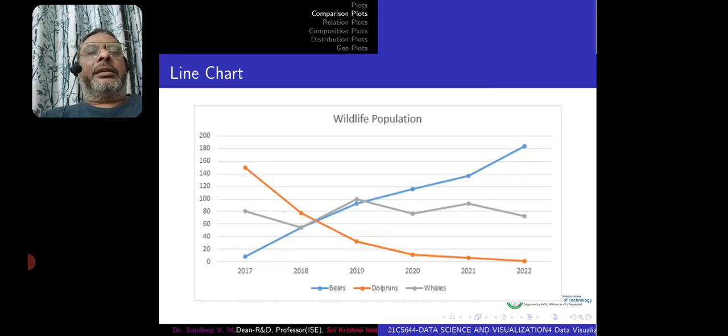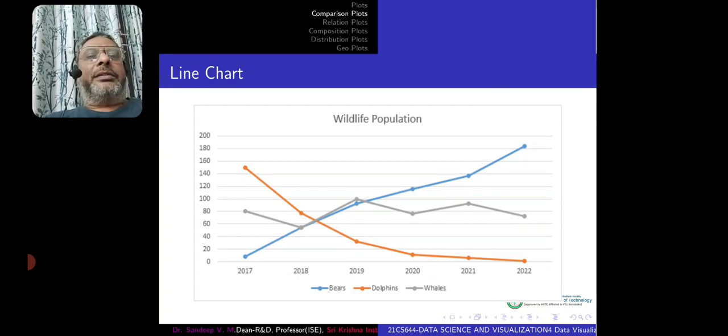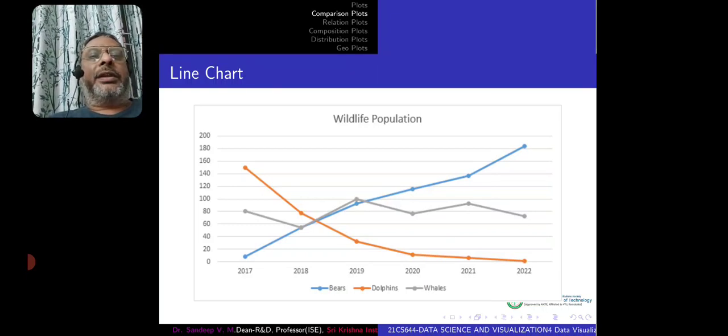And instead of putting them in the form of numbers, if we put that in this form, we can easily make out what the user wants to convey here. So looking at the various colors, say if you're talking about dolphins, then we look at the orange one and we find that it is being reduced.